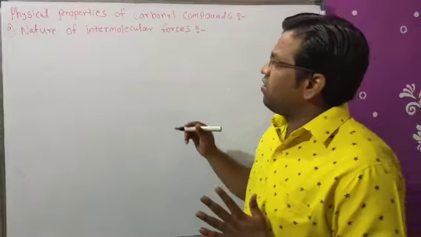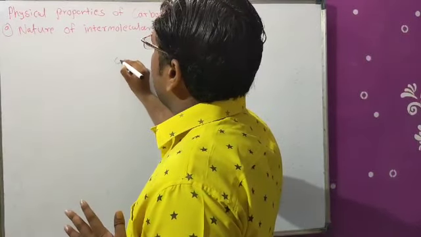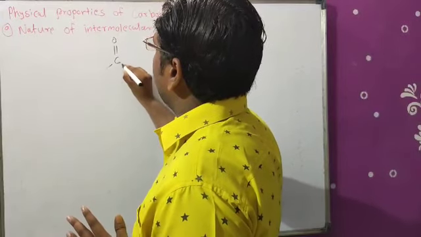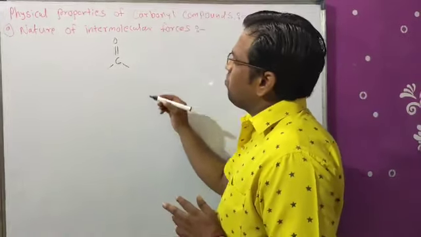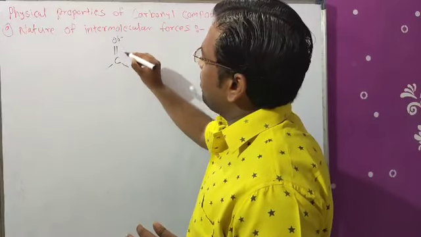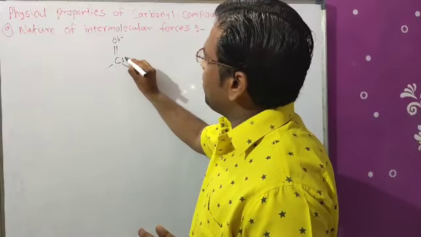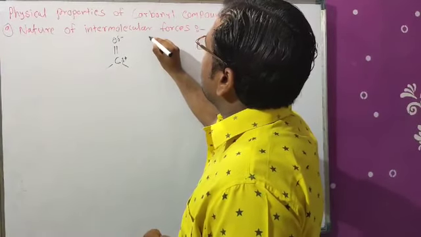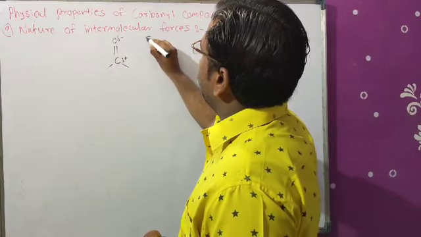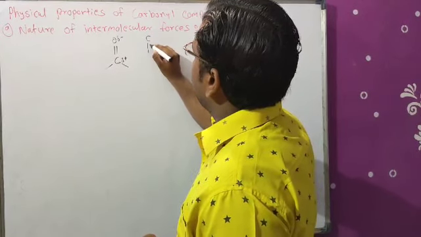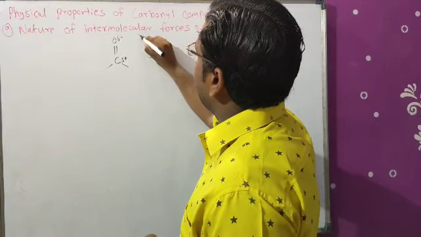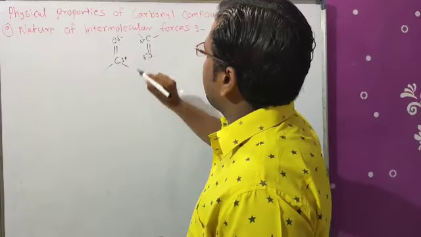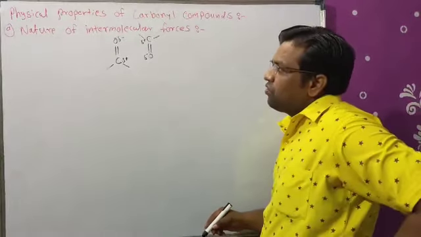Now see here in the diagram, the structure of the carbonyl compound, in which oxygen carries a partial negative charge and carbon carries a partial positive charge. The next carbonyl compound is written as C double bond O, where carbon carries the partial positive charge and oxygen carries the partial negative charge.